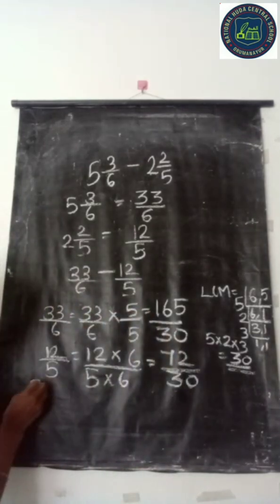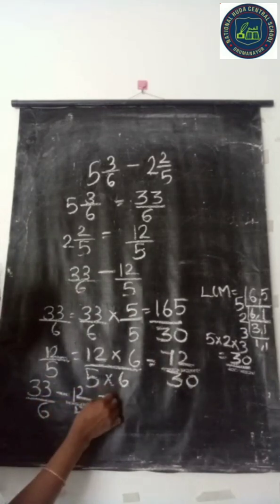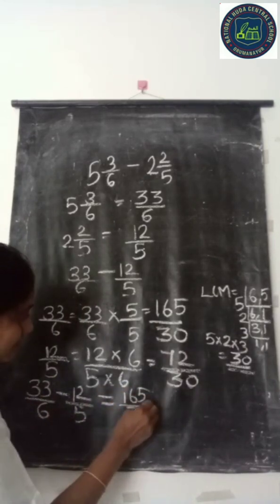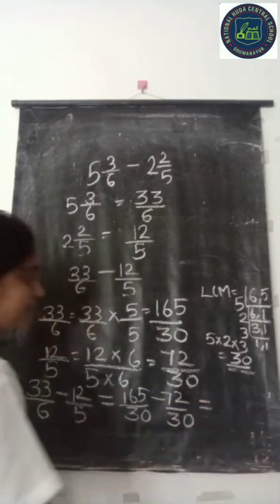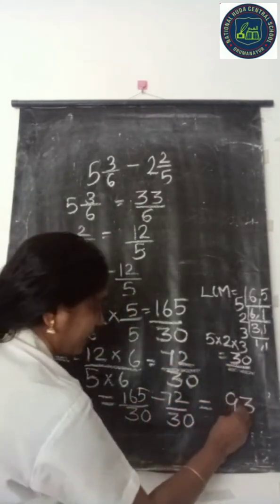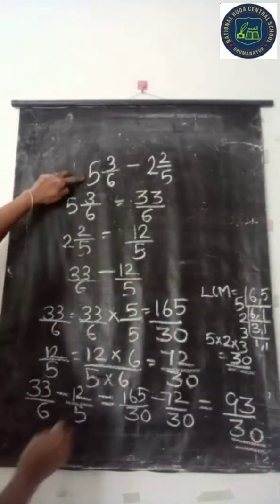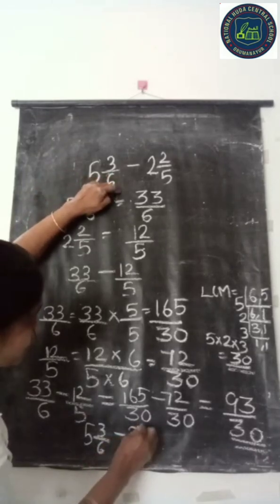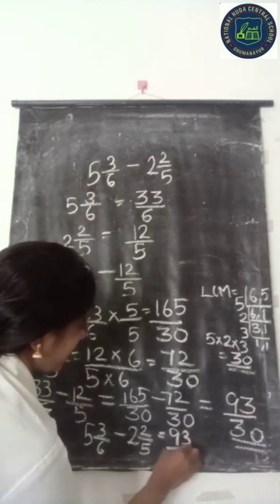Now we can write the question 33 by 6 minus 12 by 5. That's equal to 165 by 30 minus 72 by 30. That's equal to 93 by 30. This is our answer. So our question is 5, 3 by 6 minus 2 by 5. That's equal to 93 divided by 30.